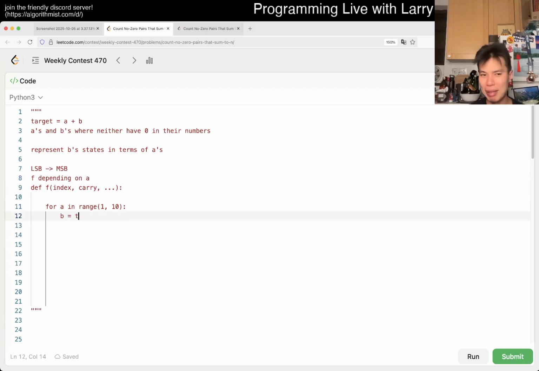So B is equal to maybe the target's index minus A minus carry or something like this, either plus or minus. And then now we have to do stuff with B, right? Honestly, I just didn't get it right, because I got lost making this thing way too complicated, and it took me a long time to solve it later.